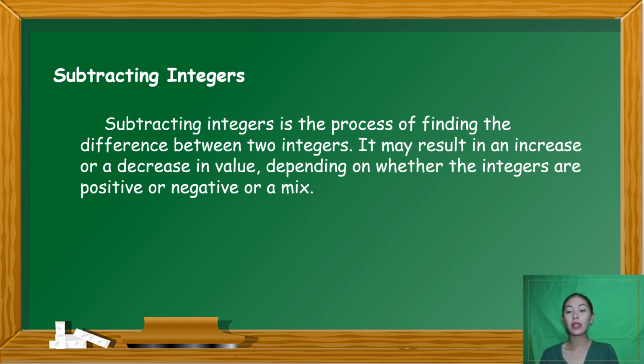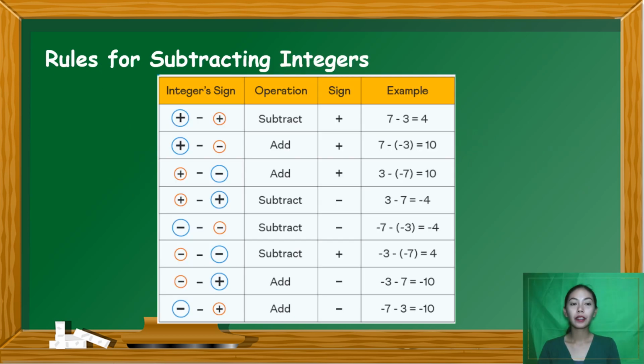So we will learn this on the next slide: on what sign are we going to subtract, so that the result may increase or decrease. Okay, rules for subtracting integers.